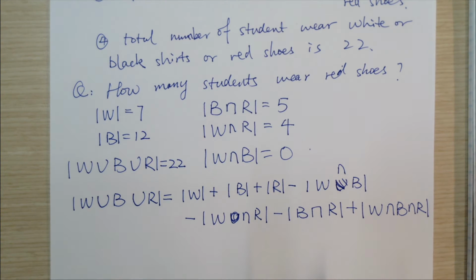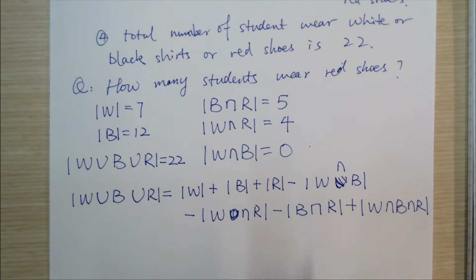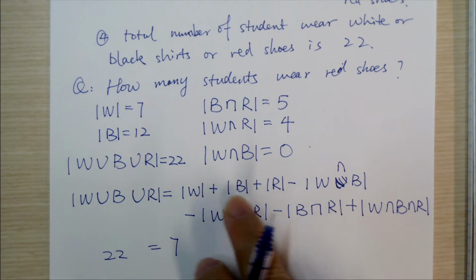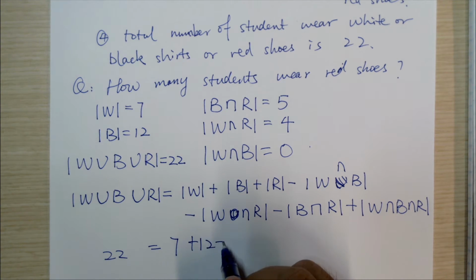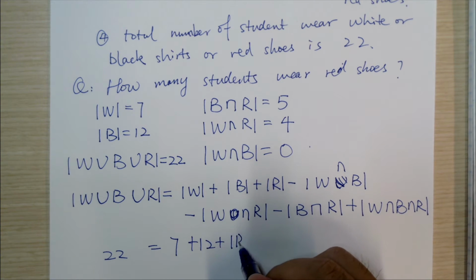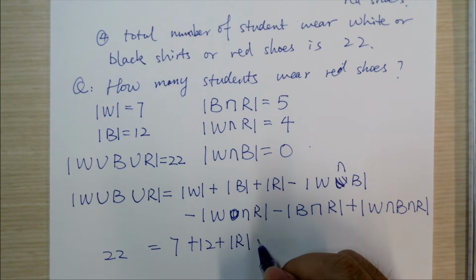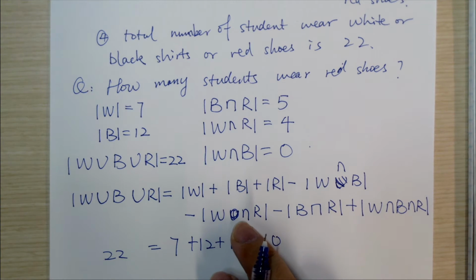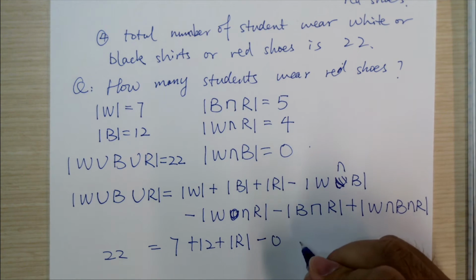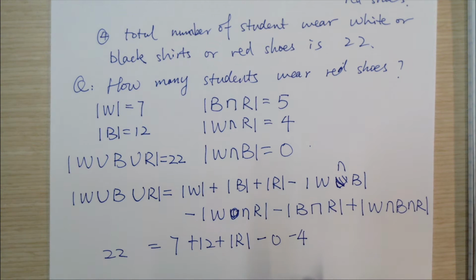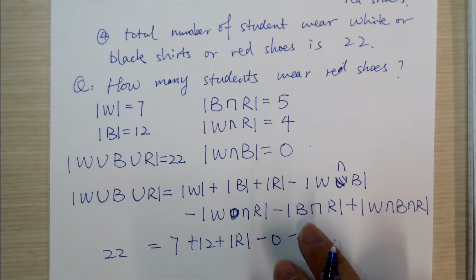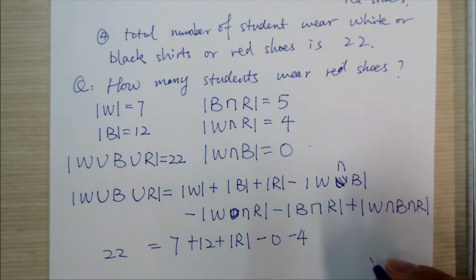Okay. So you see the left side is 22, W is 7, B is 12, right? W intersect B is 0. W intersect R is 4. B intersect R is 5.